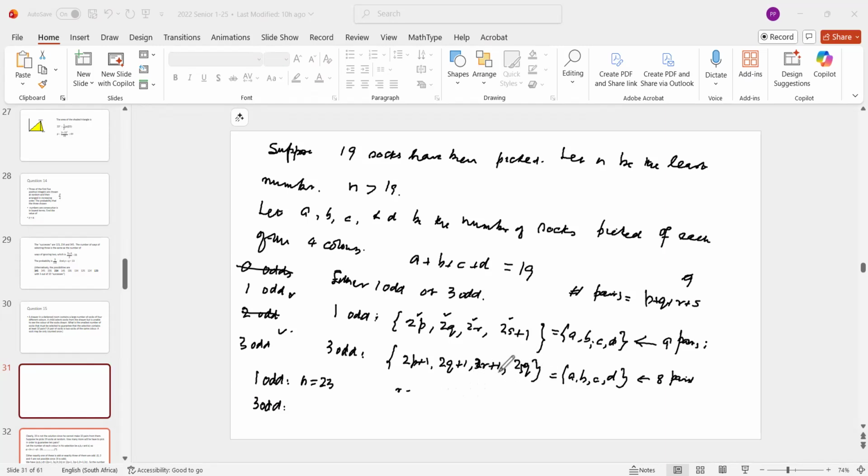Again, you will have 23. Maybe you'll get less than 23, I don't know. But the least number will again be, no, you will get 23. I checked it out. So even in this case too, you get n equals 23. I think I've written it out in detail, so you can see the argument.